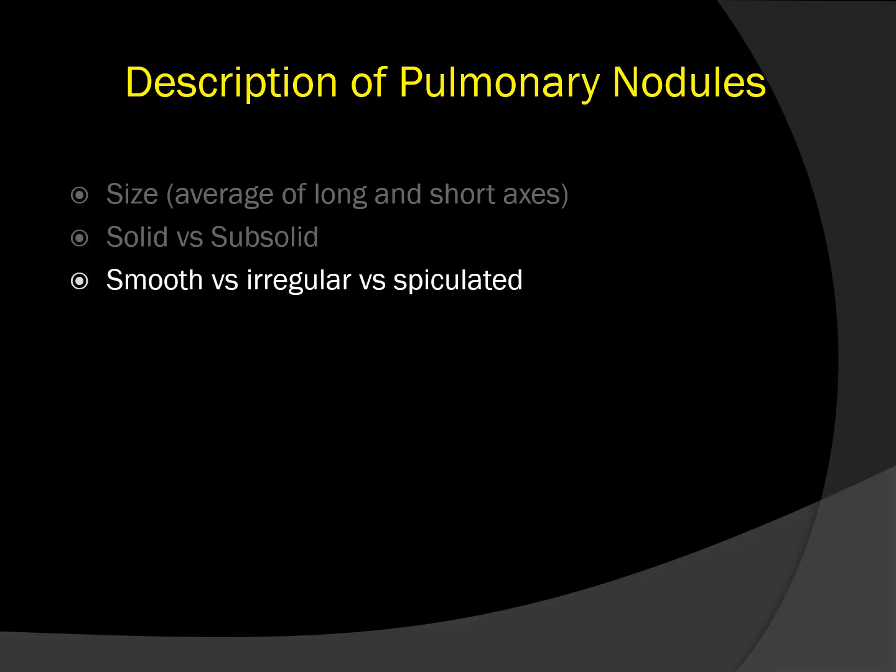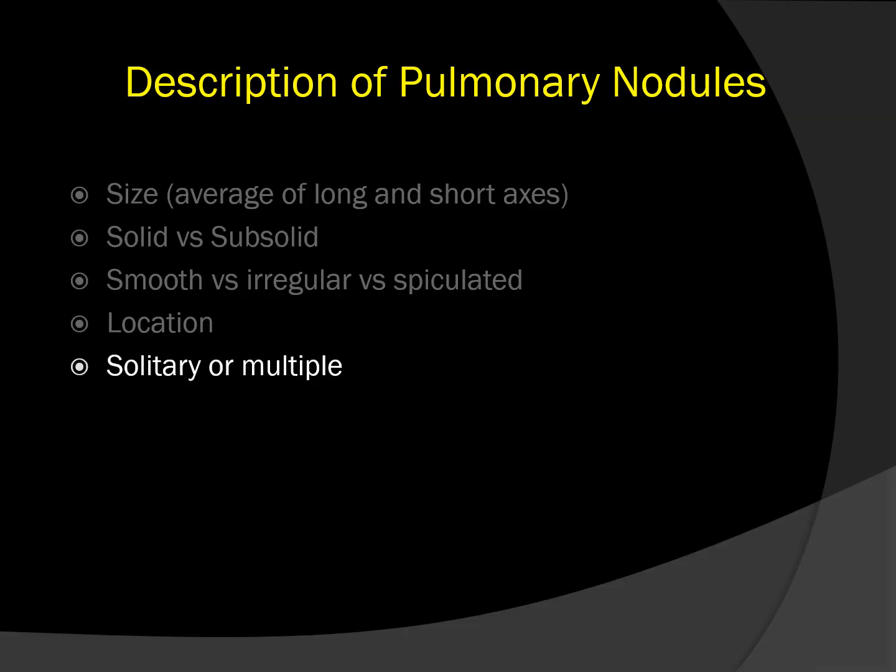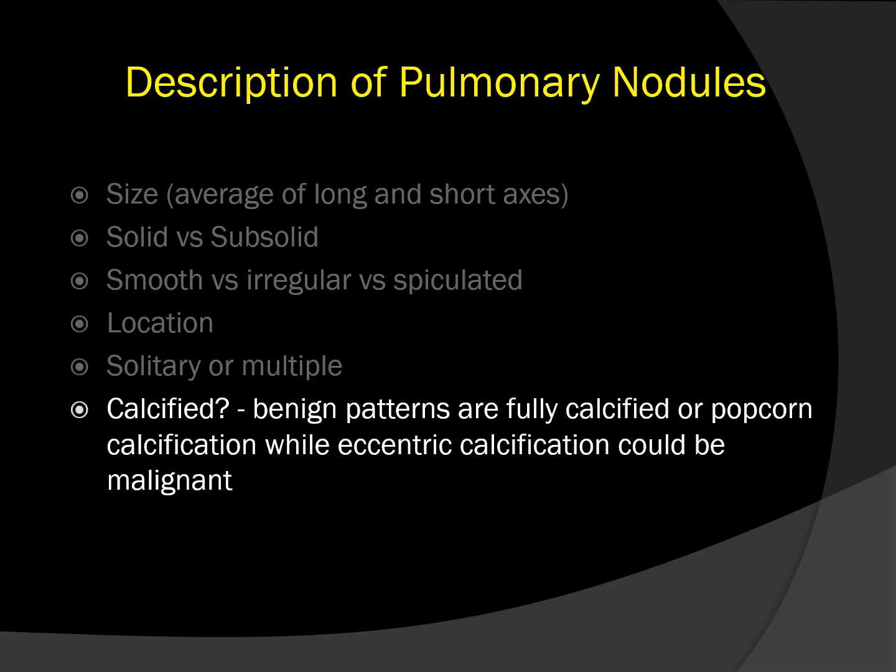We'll say whether the edge is smooth, irregular, which is shaggy, or spiculated, which means it has some protrusions coming out. We'll talk about the location of the nodule. That can influence us. Whether they're solitary nodules or more than one, which are either 2 or multiple, and whether the nodule is calcified.